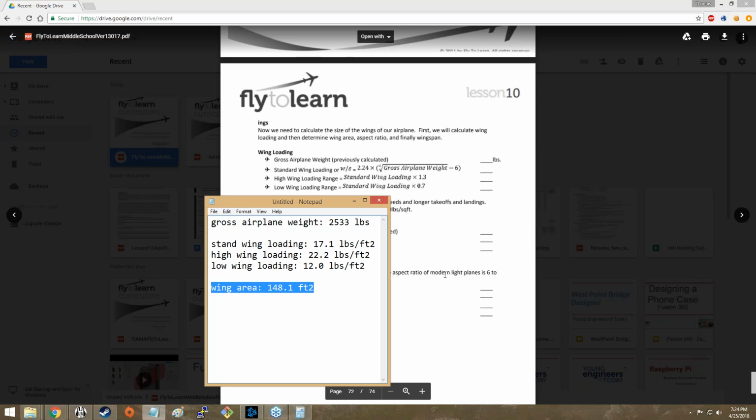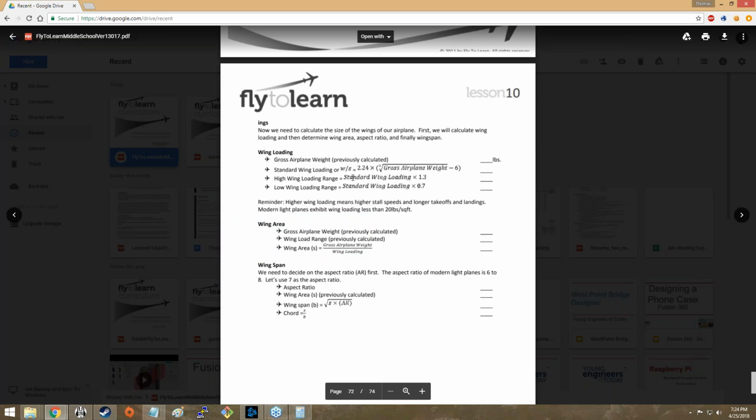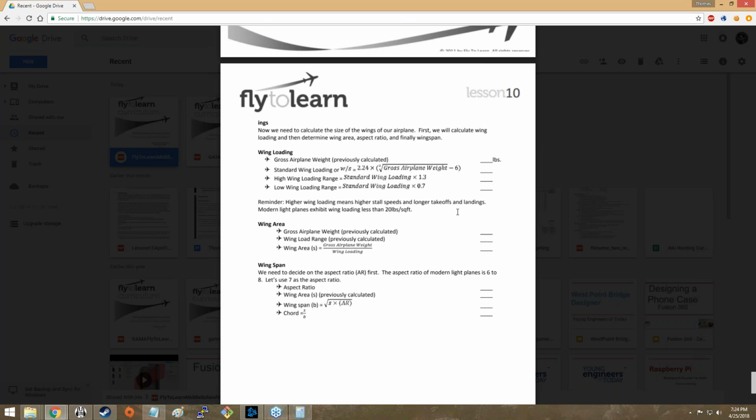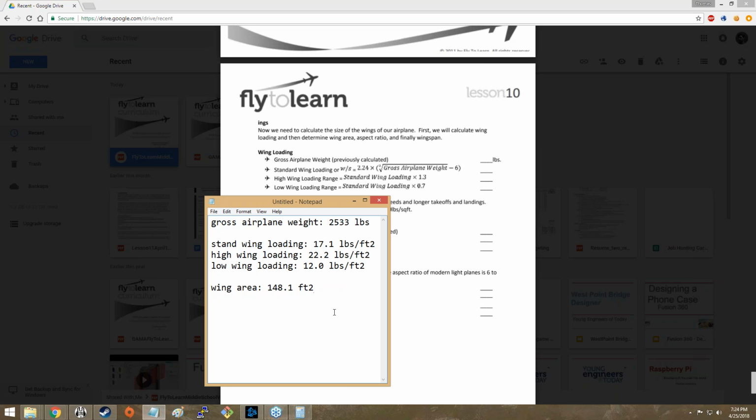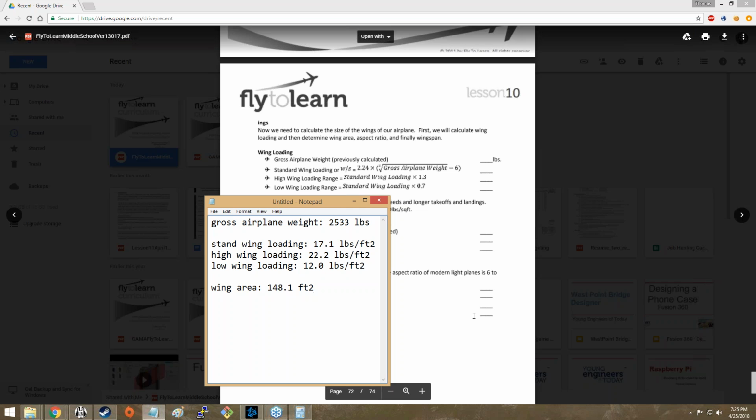Then we got the wing area, which we took the standard wing loading, which is a reasonable sort of guideline for how much stress the wing should be under at any given point, and calculated the wing area from that. So we have a rough idea of two of our plane's characteristics in our head already. And all we've done is start with how many passengers this plane is going to have. So it's kind of neat.